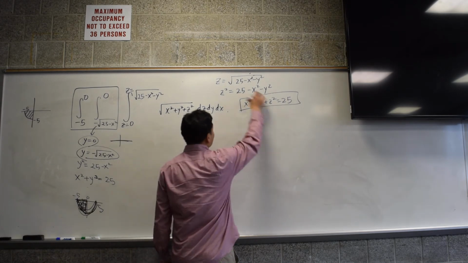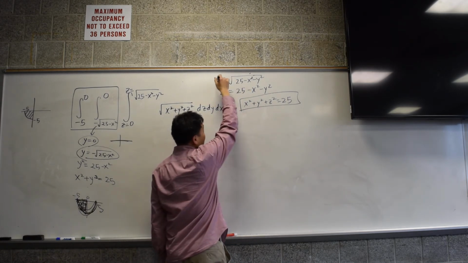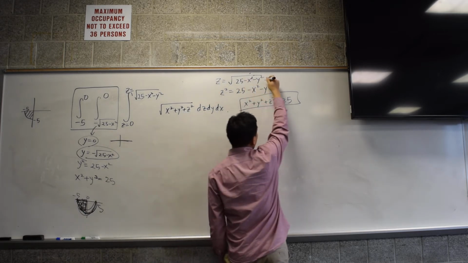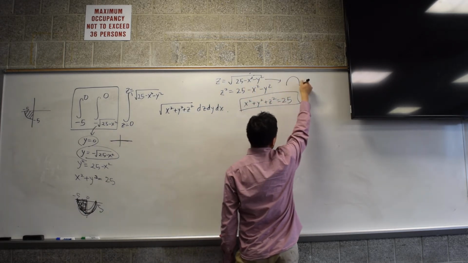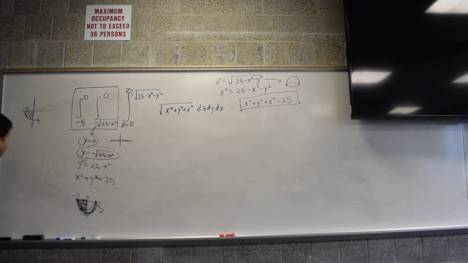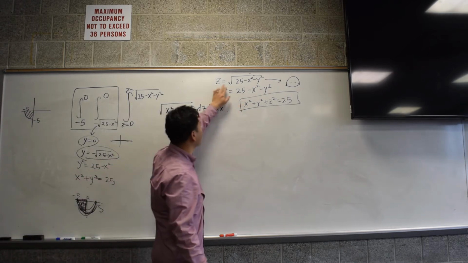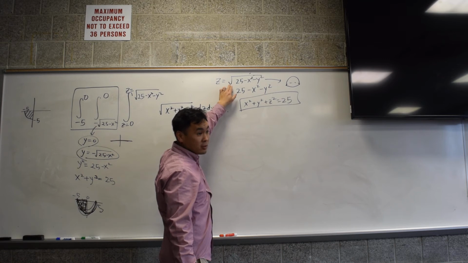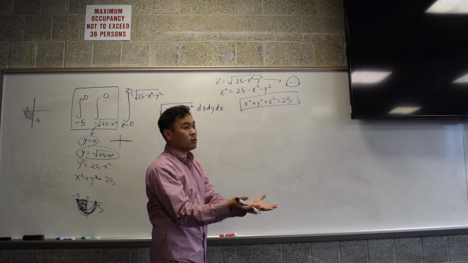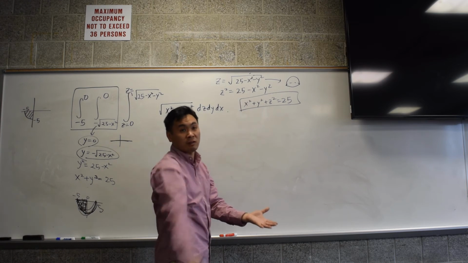And going back to this, you see that z can only be positive, which means it's a top half sphere. So here's what's happening. Any questions so far? It's a top half sphere because z is only allowed to be positive, and in a sphere, if you only take the place where z is positive, it's only going to give you the half sphere.